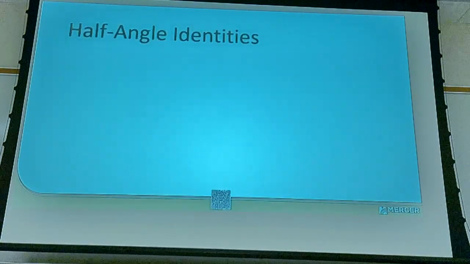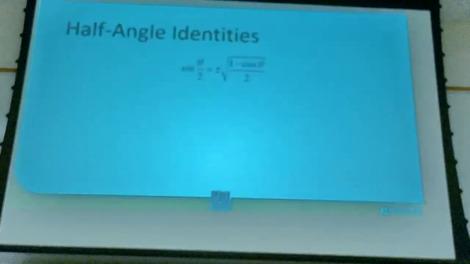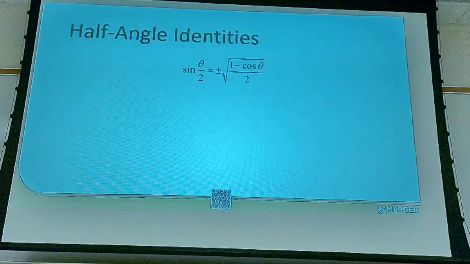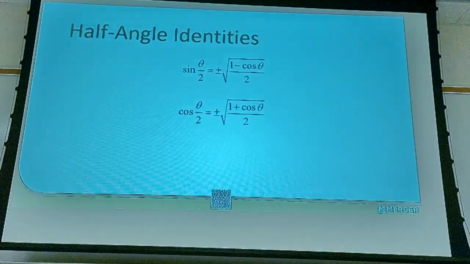And finally, we have the half angle identities. Again, one for each of sine, cosine, and tangent. Sine of theta over 2 is plus or minus the square root of 1 minus cosine theta all over 2. Cosine of theta over 2 is plus or minus the square root of 1 plus cosine theta over 2.